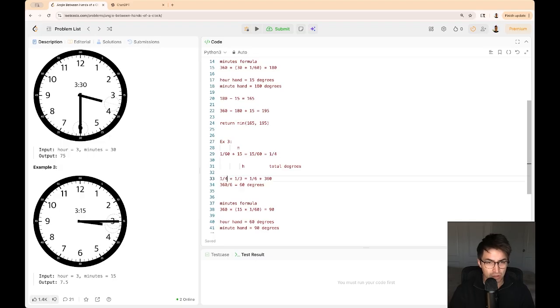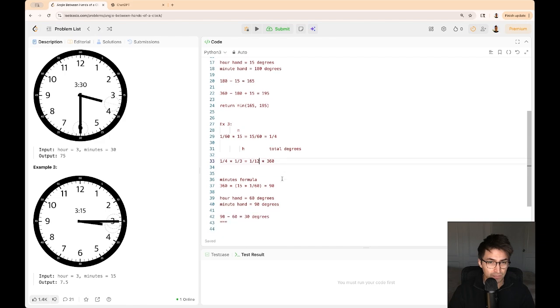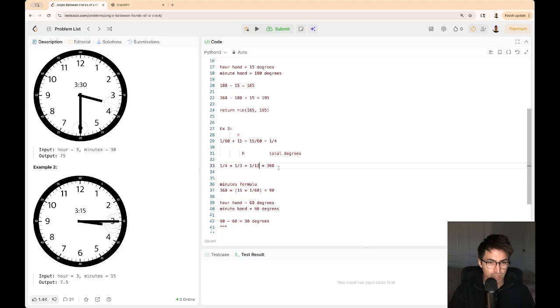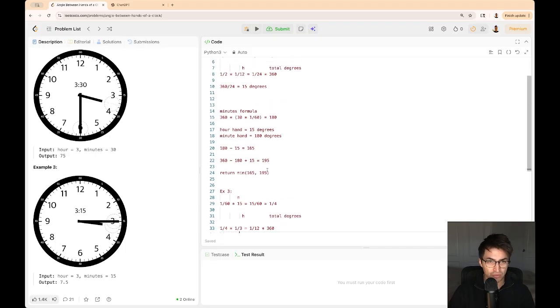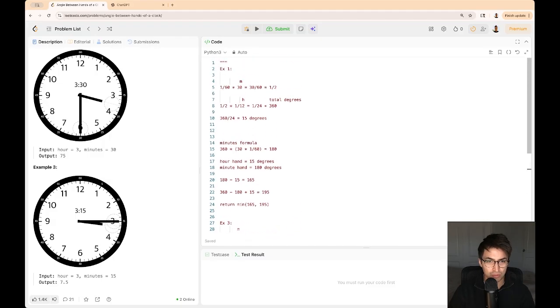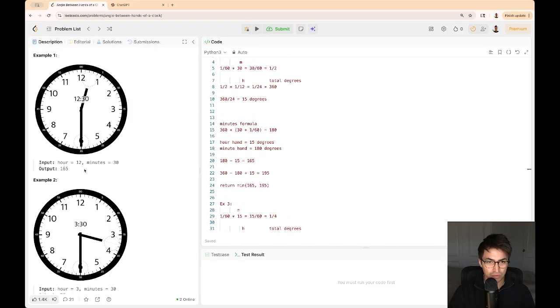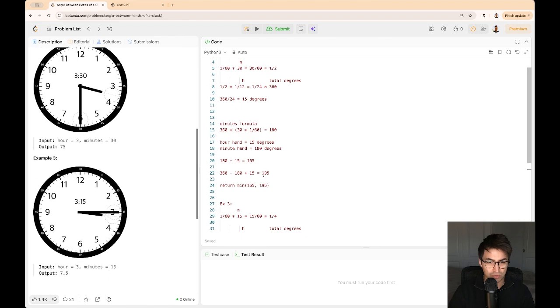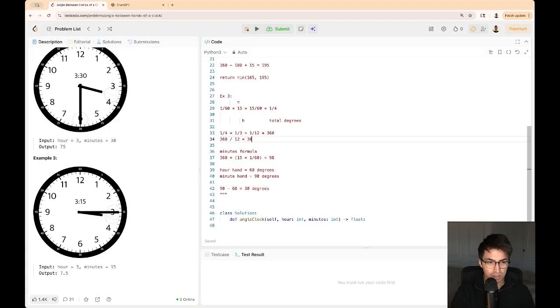I should have done 1/4. But even still, the 1/3, that doesn't look convincing to me. Maybe it is. What would that be? 360 divided by 12 equals to 30 degrees.